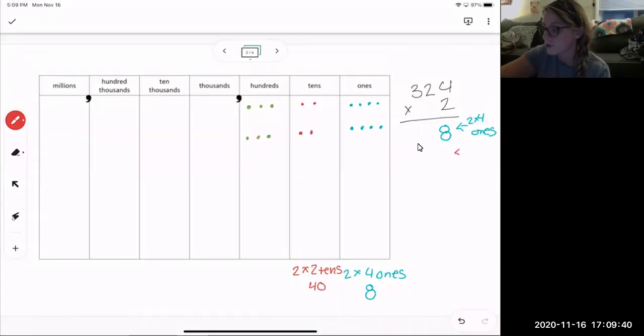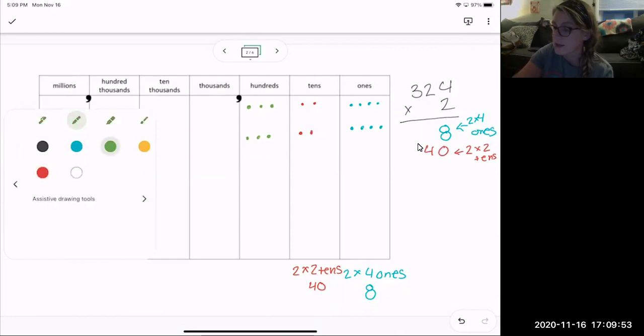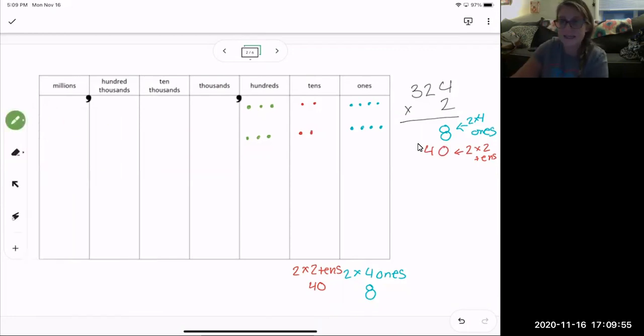Okay, so 2 times 2 10s is equal to 40. Okay, and then in our hundreds place, we had 3 hundreds times 2. We had 2 groups of 300s. So 2 times 3 hundreds.